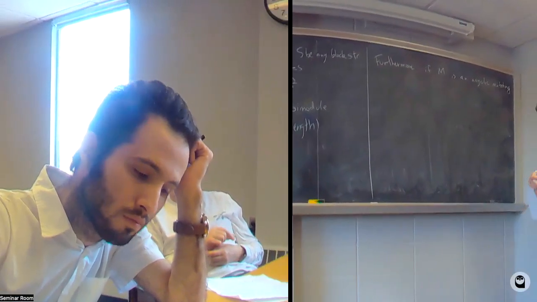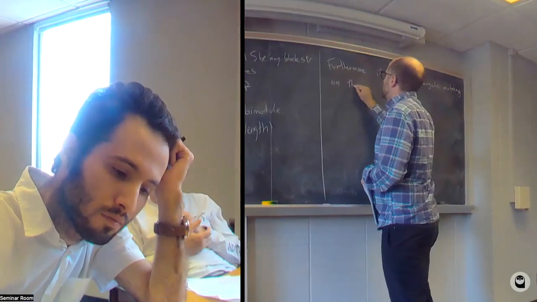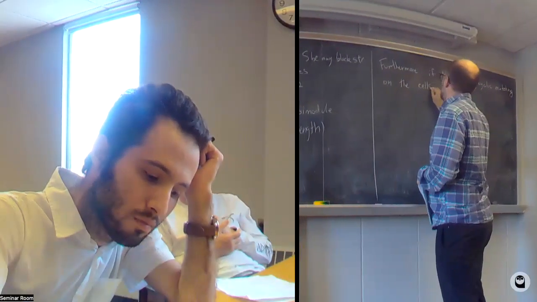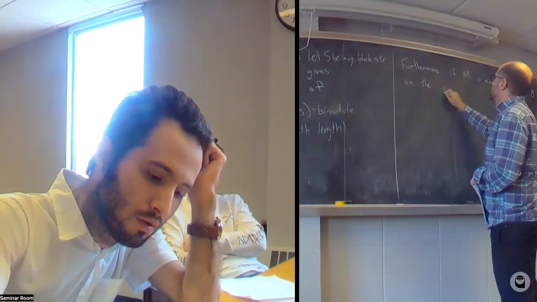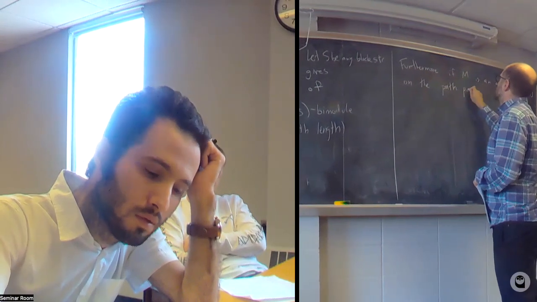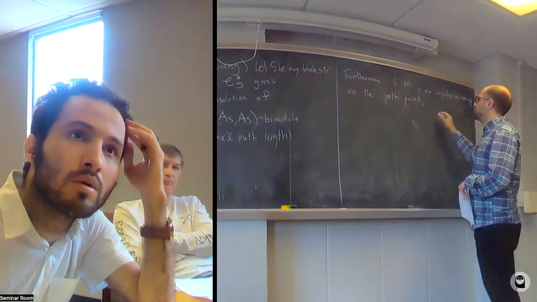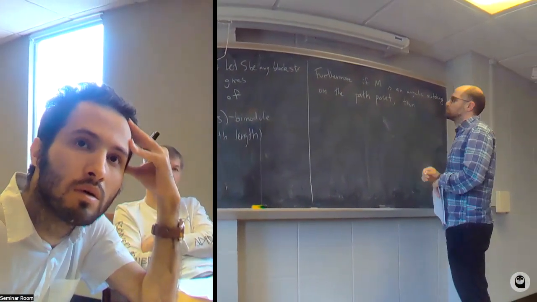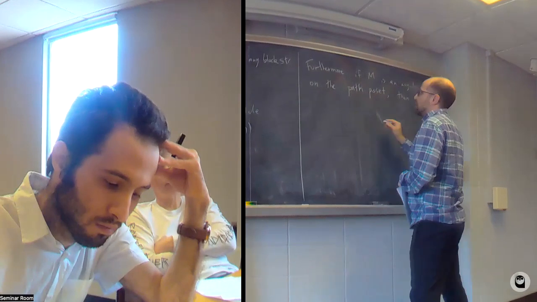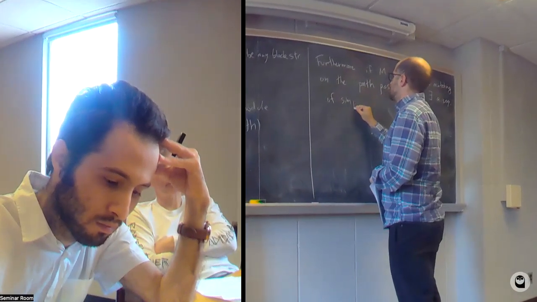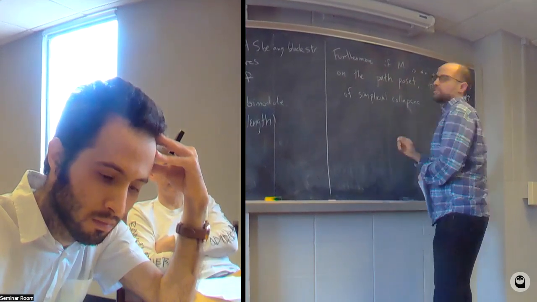So what do I want to say about this? If M is an acyclic matching on the cells on the path closure, then there exists a sequence of simplicial collapses. So this is just discrete Morse theory.